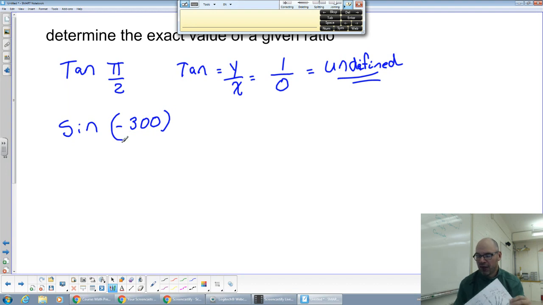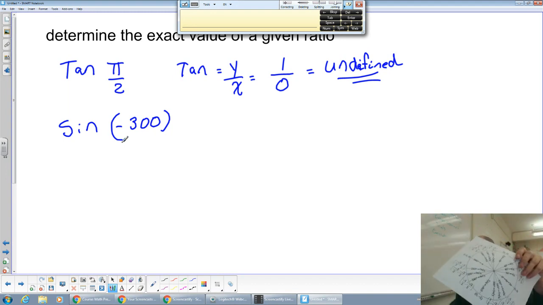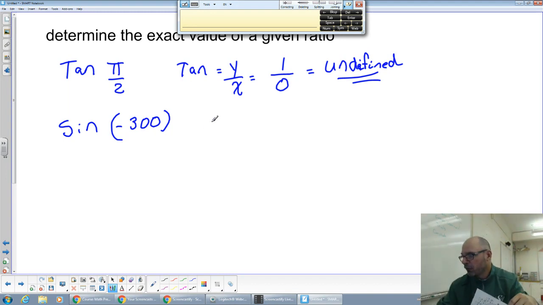Okay, so we've got to find what the actual positive angle is. If we're looking at the unit circle, we've got to get it as a positive angle. If we're going down, we get 360 degrees, subtract the 300. So that is going to be a 60-degree positive angle.